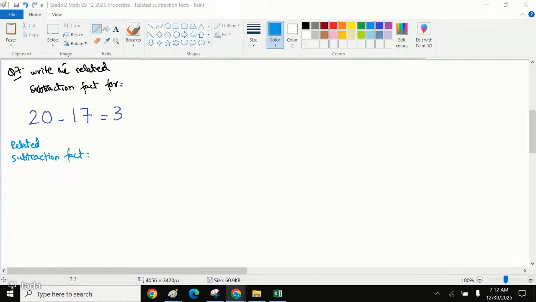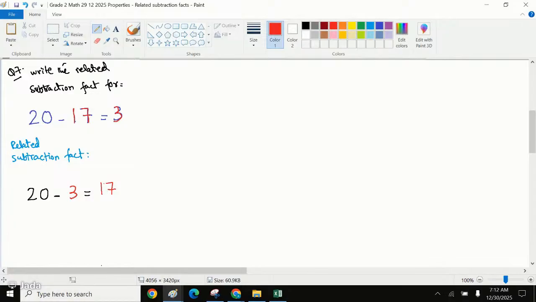Okay. So 20 minus 17 was 3. Then the related subtraction fact should be, the 20 comes as it is, right? Minus, what were the two remaining numbers? Yes. Thank you, May. What we need to do is swap the positions of 17 and 3. So we can write this as 20 minus 3 should be equals to 17. Thank you for answering, Aiken.